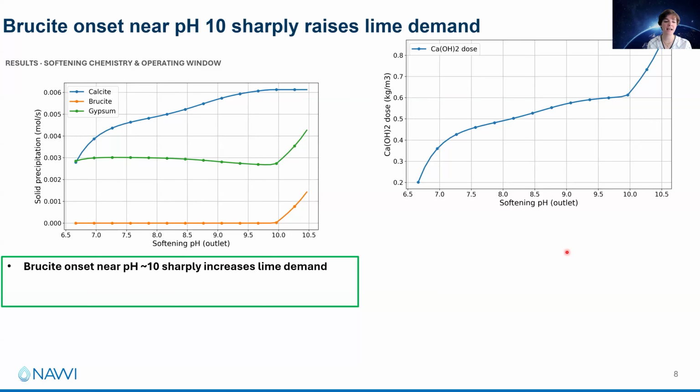But the answer is that you have that recycle loop that goes back to your RO. And that recycle loop is going to accumulate your magnesium pass after pass. And the only place that you can take out this magnesium is with your brucite at your softening step. So that's why you will see you have to operate your plant at pH over 10.5.